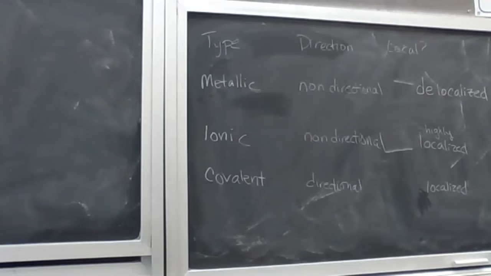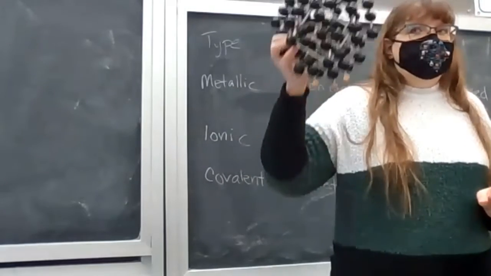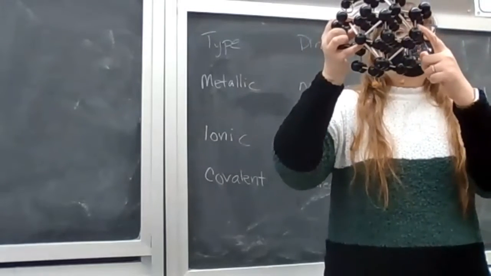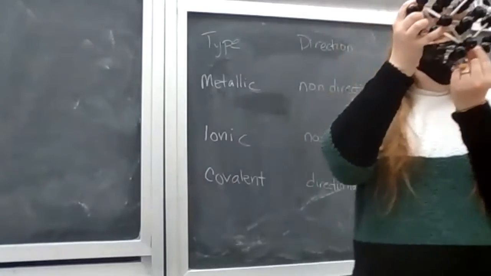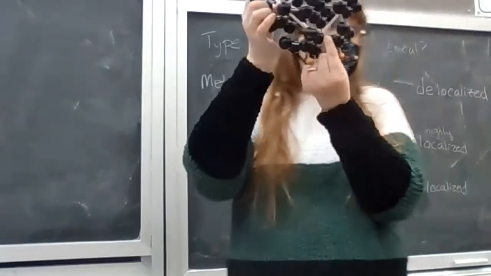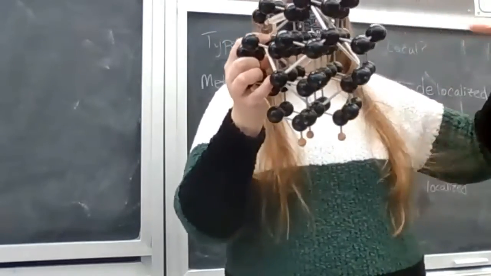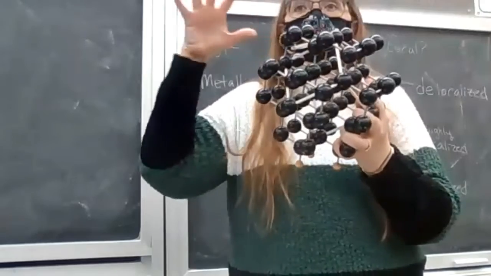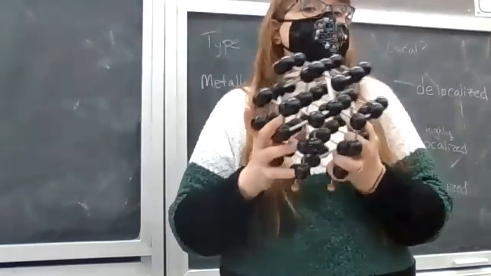And this is one of the allotropes of carbon. Each of these little interactions here is a localized interaction between those two carbon atoms, so very difficult to break, but the structure gets bigger and bigger as the atoms connect in. Each one of these has 4 bonds in 4 directions.